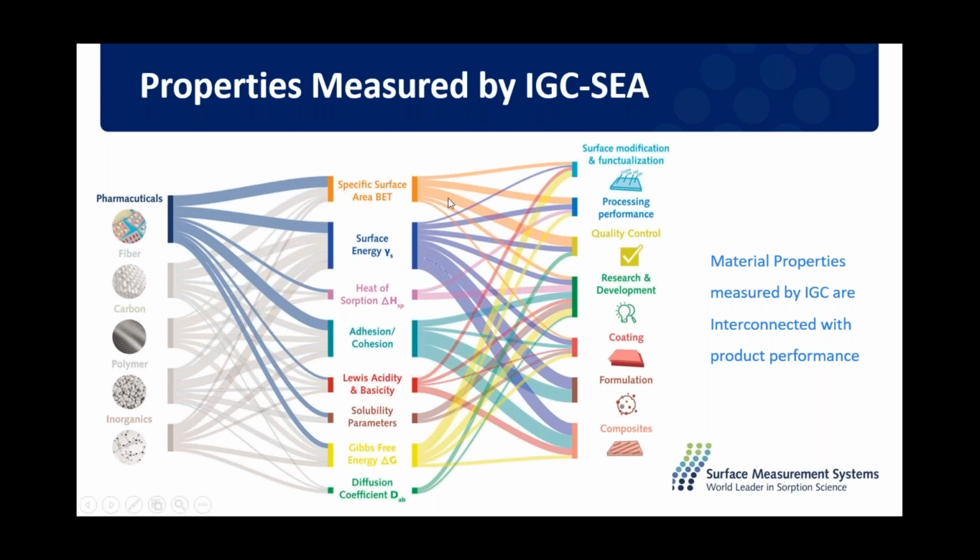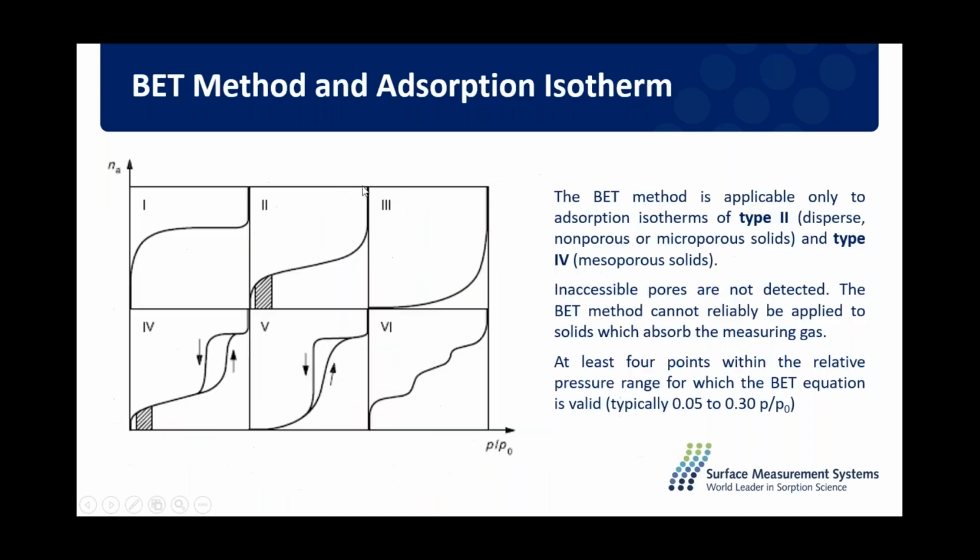What we're going to focus on today is BET surface area, although we can measure things like heat of adsorption, surface energies, acid-base, solubility parameters, and whatnot. Today we're going to strictly focus on measuring the BET surface area of pharmaceutical materials. In order to measure the BET surface area of a material, you need to measure the adsorption isotherm.